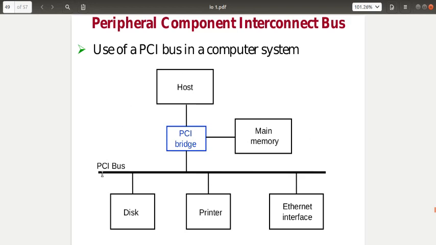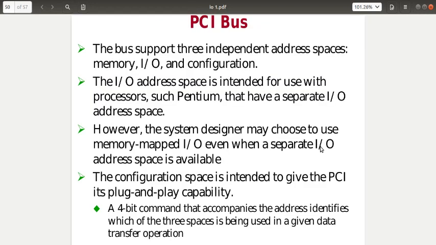So this is the basic structure of PCI. The PCI bus has basically three components, mainly the memory address space, the IO address space, and the configuration address space. This input output device address space may be used, may not be used, depending on the designer.